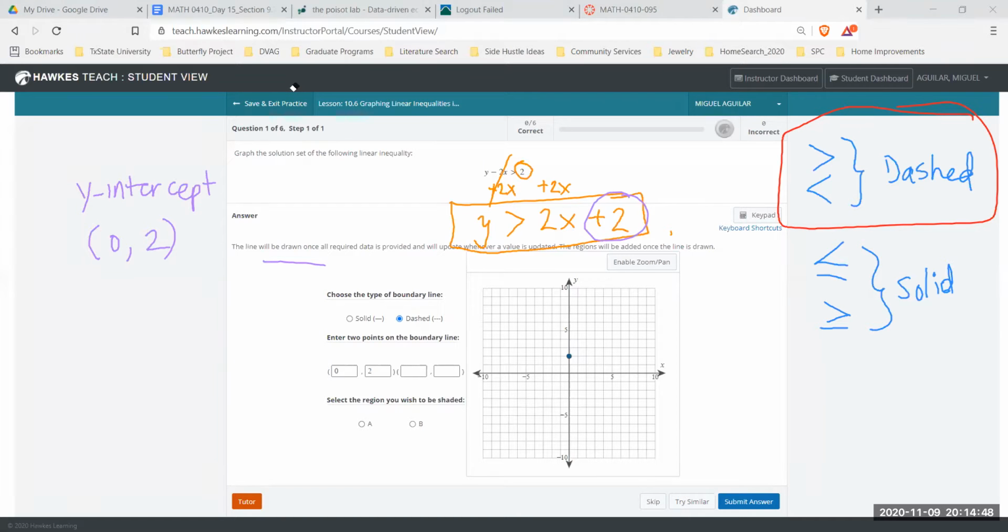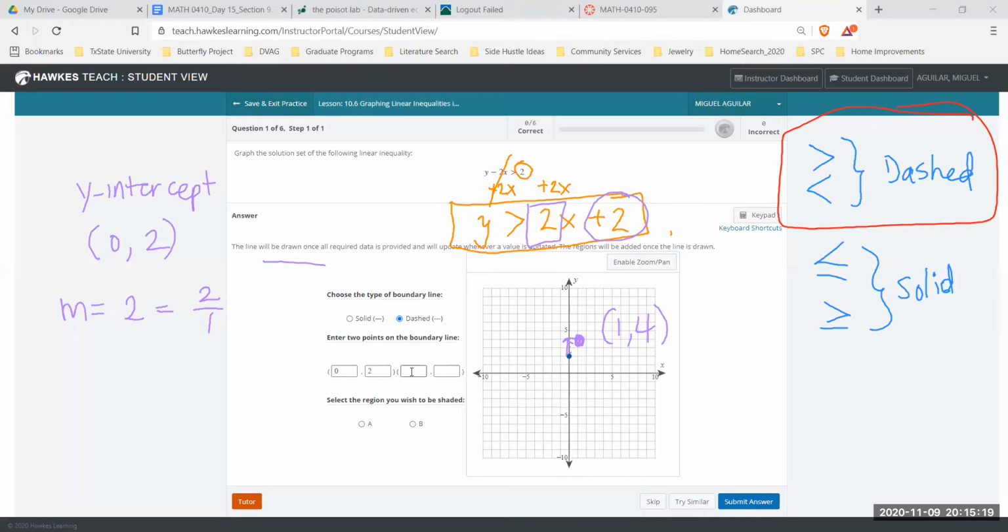Now you can use the slope. And again, the slope is this number. So m is the slope. Slope is 2, or you could think of that as 2 over 1. So that's telling you go up 2 over 1. So if I went up 2 over 1, I would be at this point right here, which is the point (1, 1, 2, 3, 4), (1, 4).